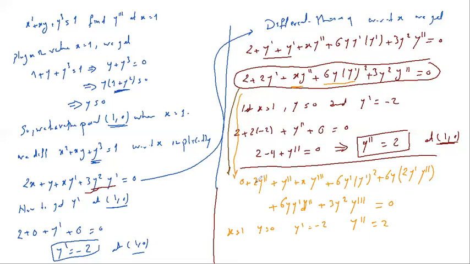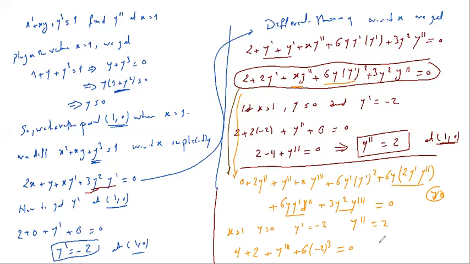Once again, 2 times y double prime, which is 4, plus 2, plus x, which is 1, times y triple prime, plus 6 y prime cubed, it means 6 times -2 to the power 3, and 6y, the value of y is 0. This term will be 0, and this term will be 0, and this term will be 0 because y is equal to 0 in these terms.